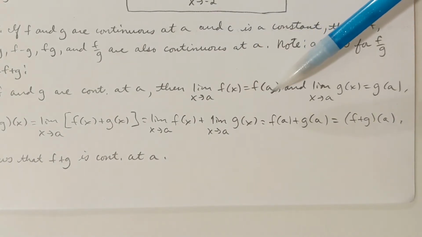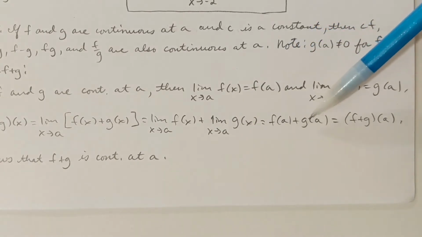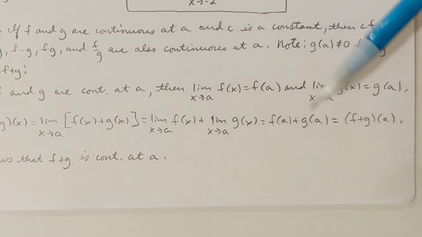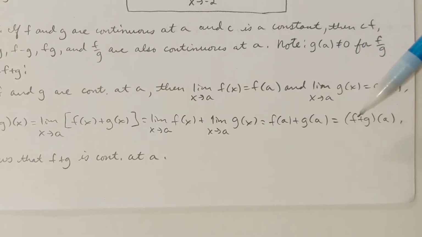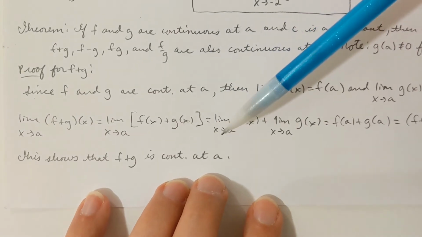They told us that in the problem. And the limit as x approaches a of g of x, that's g of a. G is also continuous. We were told that in the problem. So I'm looking at f of a plus g of a. Well, that would be the same as f plus g of a. And that's what I had to get to, right? So this shows that f plus g is continuous at a.